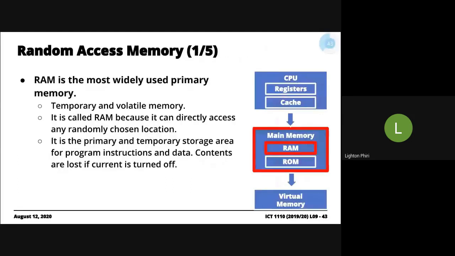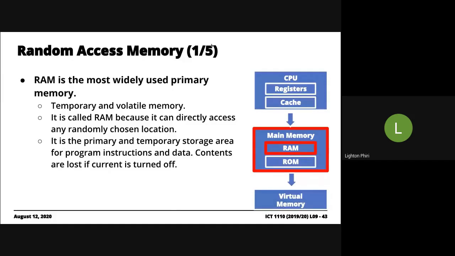So the next component we're looking at, and note that we are moving down, away from the CPU, is this: the CPU registers, cache, various types of cache, level 1, level 2, level 3 cache, then we now zero down to so-called RAM and ROM.